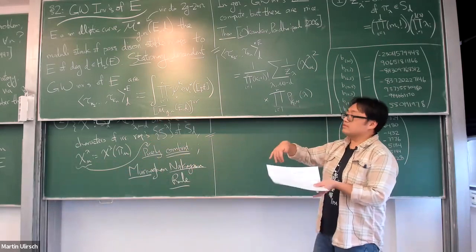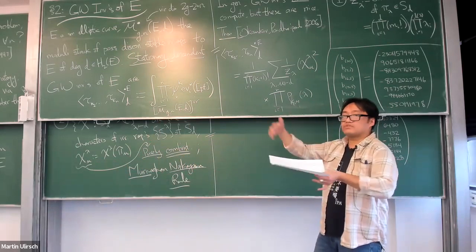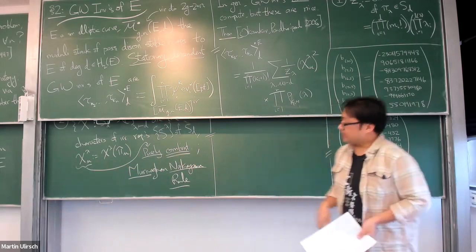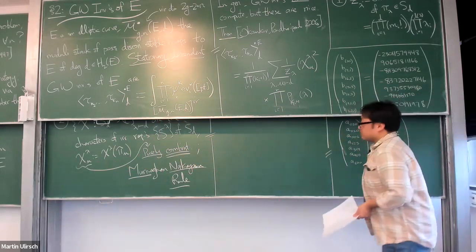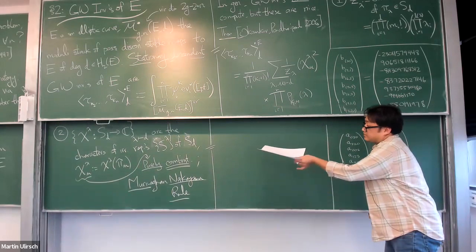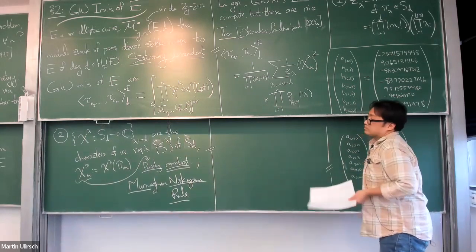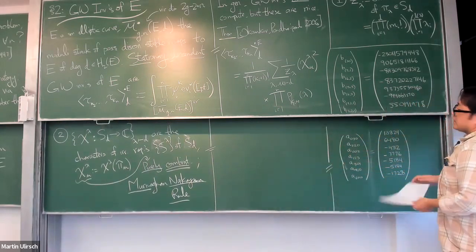It's counting the number of skew tableaux of a certain shape, et cetera. So computing these numbers coming from the characters is a purely combinatorial exercise.